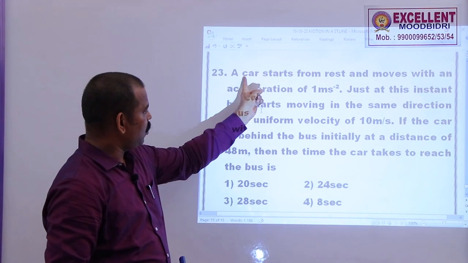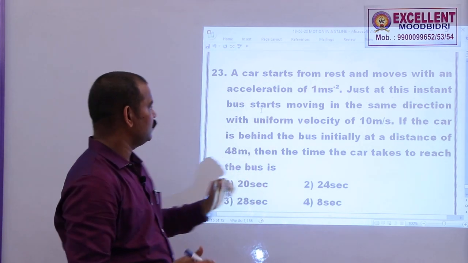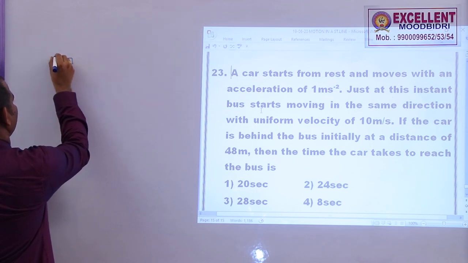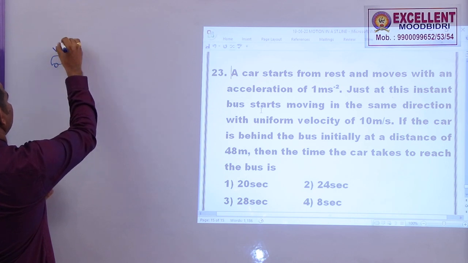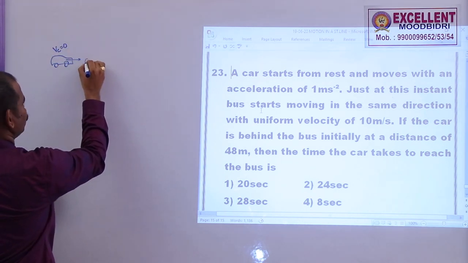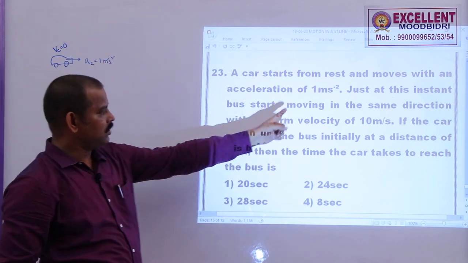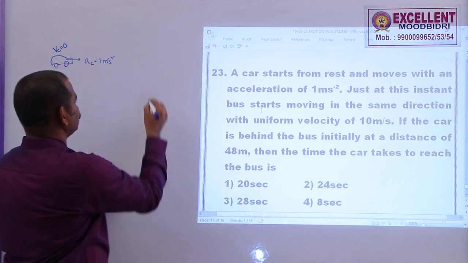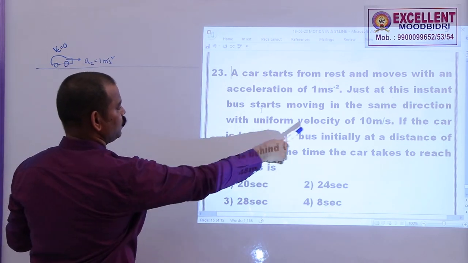23. A car starts from rest and moves with an acceleration of 1 meter per second square. So this is a car which is starting from rest. So velocity of the car initially is 0 and it is moving with an acceleration of 1 meter per second square. Just at this instant, a bus starts moving in the same direction with uniform velocity 10.